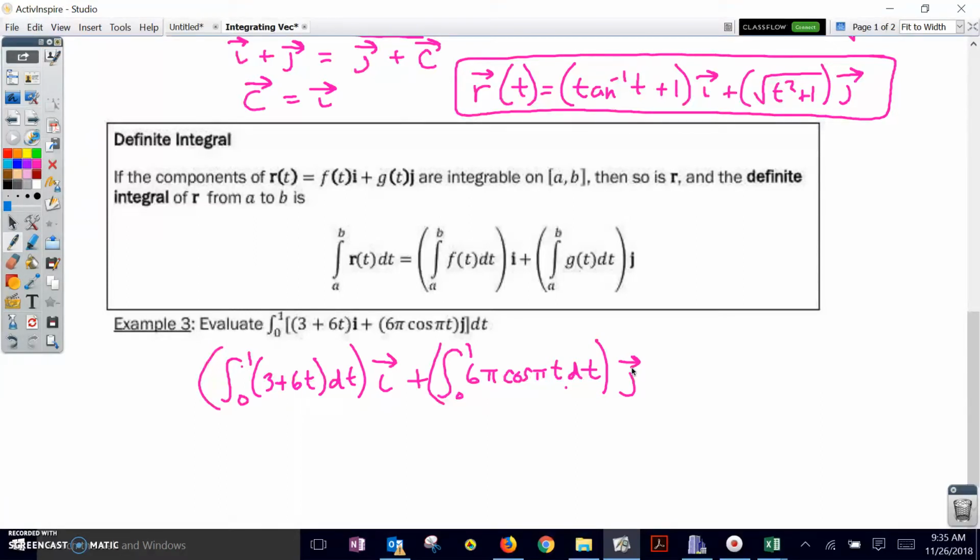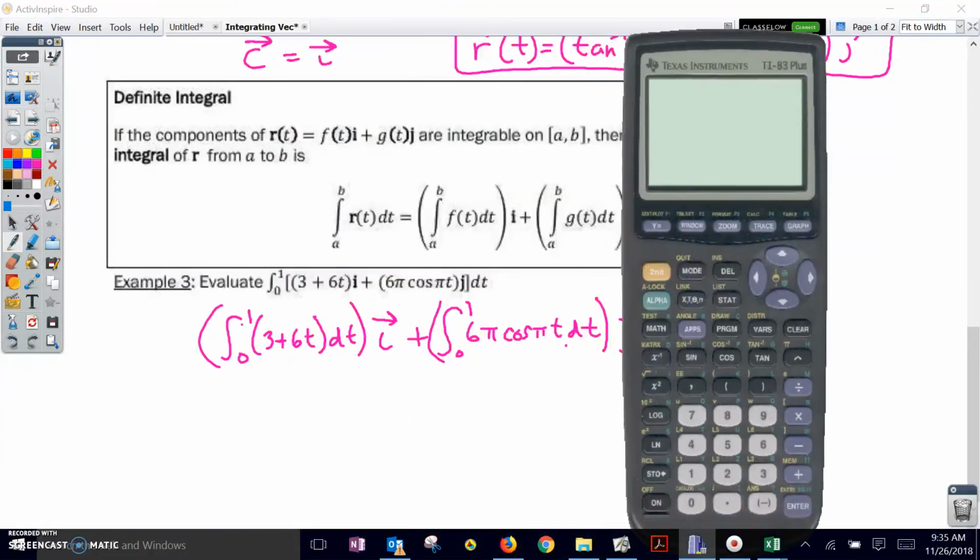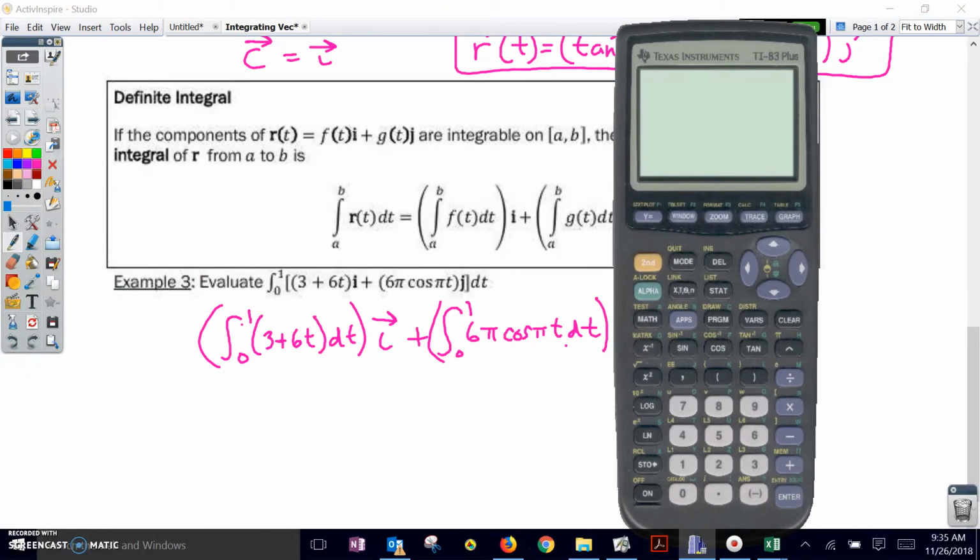And now I want to find these definite integrals. Do I want to do these by hand? I don't know. I could certainly do them by hand, just feeling a little lazy.